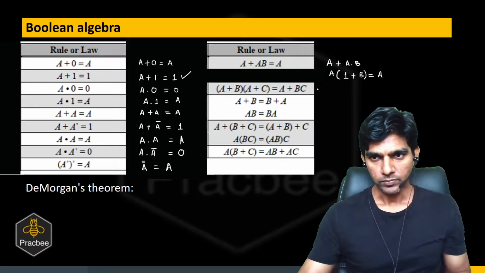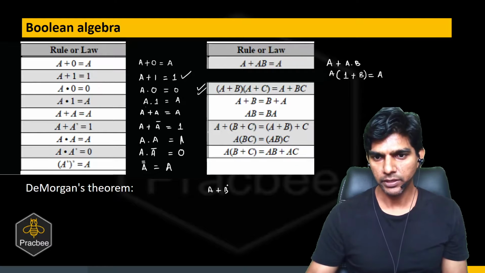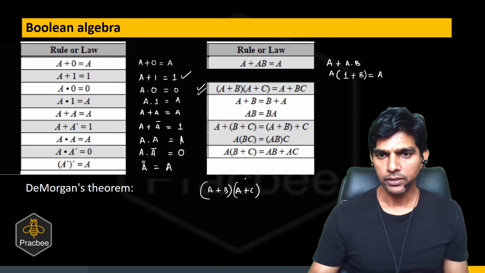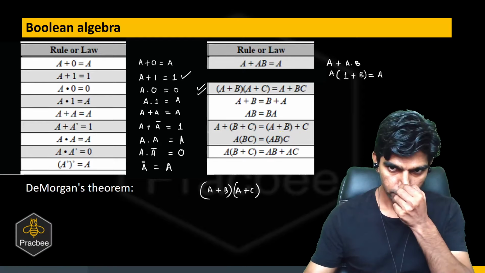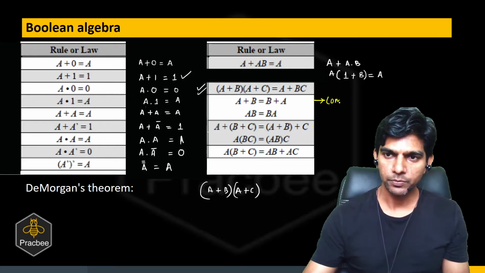Now, let us consider this particular case. So we have (A plus B) times (A plus C). Let me first name these. This one is the commutative property in multiplication.